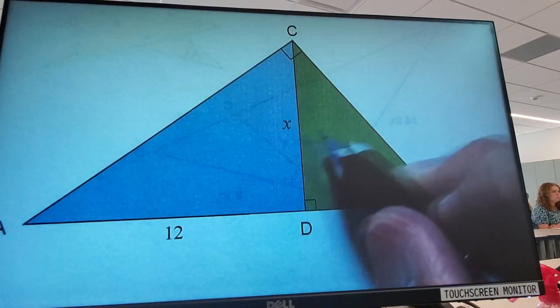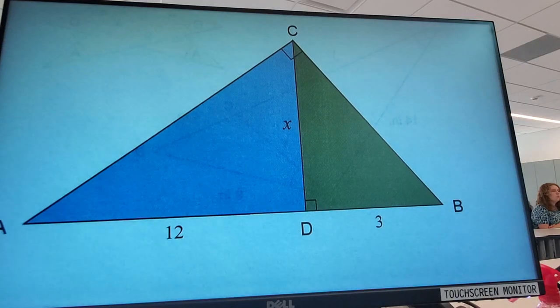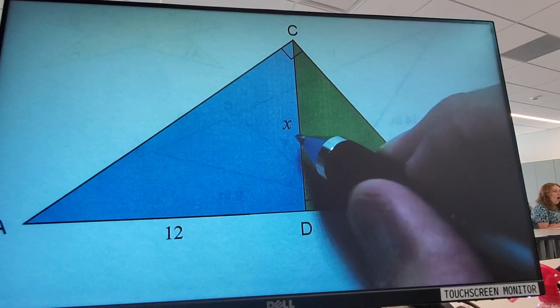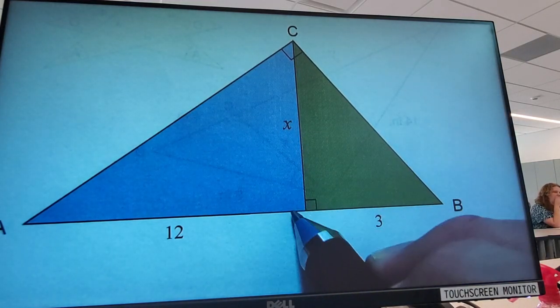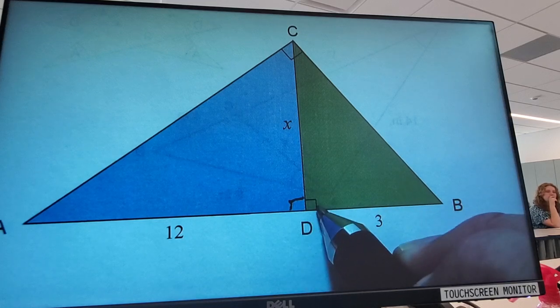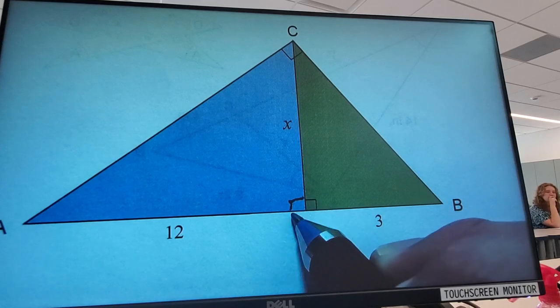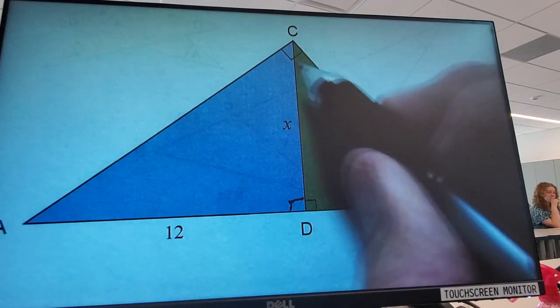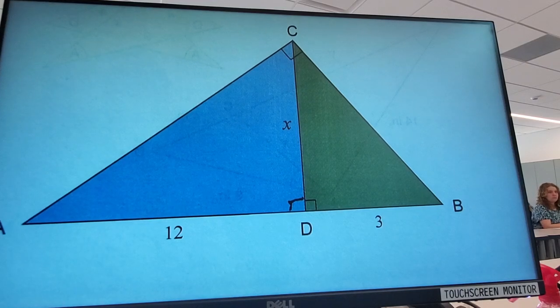They both have this side. So they have a side going on. This angle and this angle are the same, correct? But I'm still missing something to tell if the blue and the green are congruent, right?